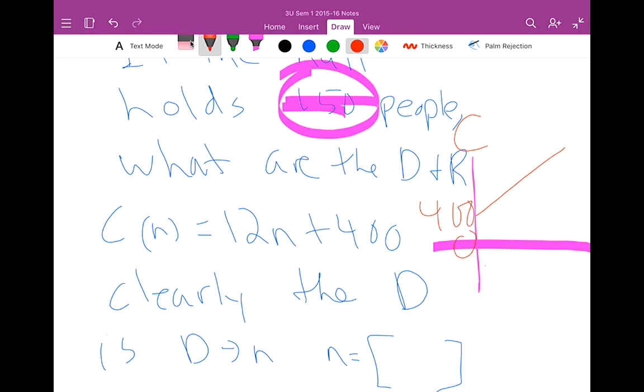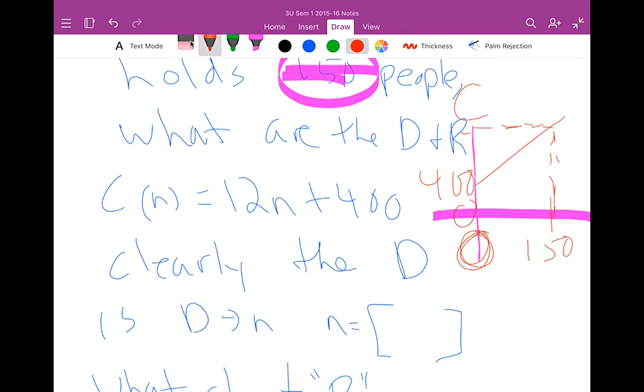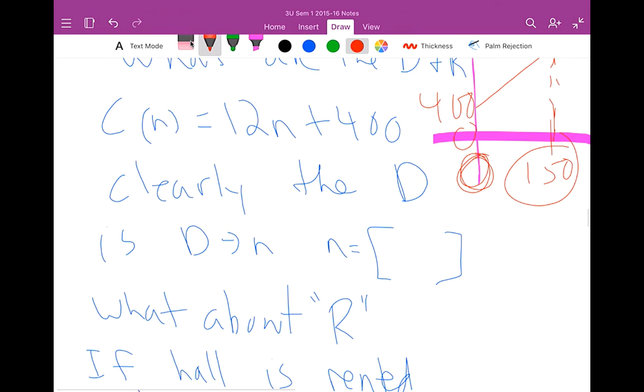That's 0, and we know that the least number of people that can go is 0. You're not going to have negative people, and the hall only holds 150. So what we've got to do is figure out the cost for 150. The domain's pretty clear. The minimum number of people you can have is 0. The most people you can have is 150.